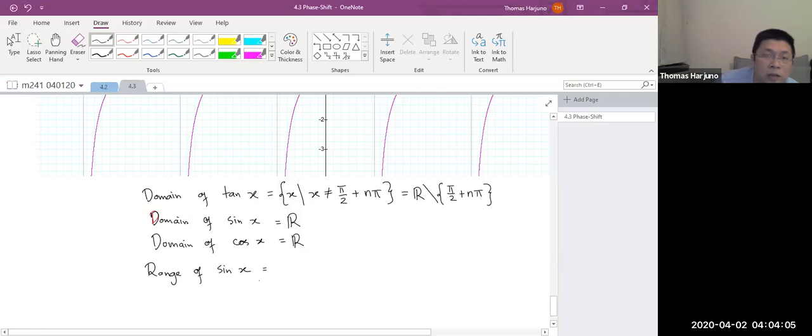What is the range of sine x? The maximum is 1, the minimum is -1. That's the range. In fact, the range for cosine x is the same.